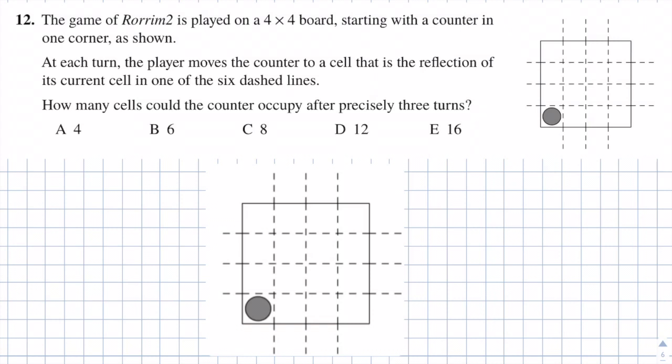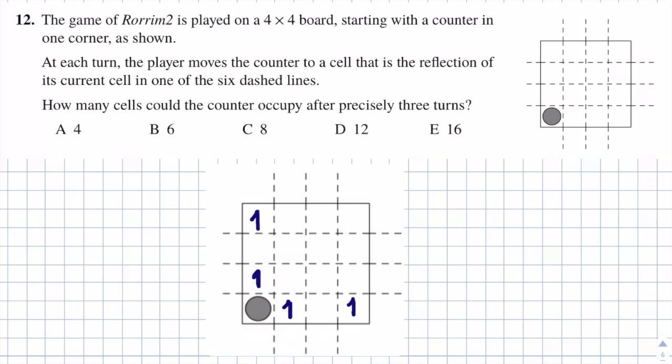Okay, so let's think about all the positions to which this counter can move. After one turn, the counter is reflected in each of these dashed lines. So if I represent where the counter can move with the number 1, which represents the first turn, it can move here, here, here, and there.